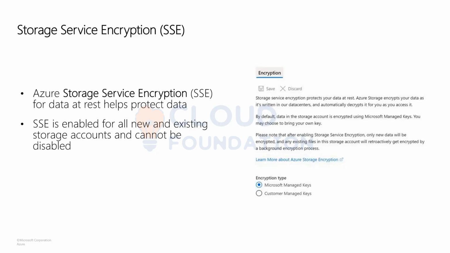Similarly, once the data moves from Azure to on-premises, you will have to encrypt that data with the key available within the on-premises environment. And that will take more time in the transfer.